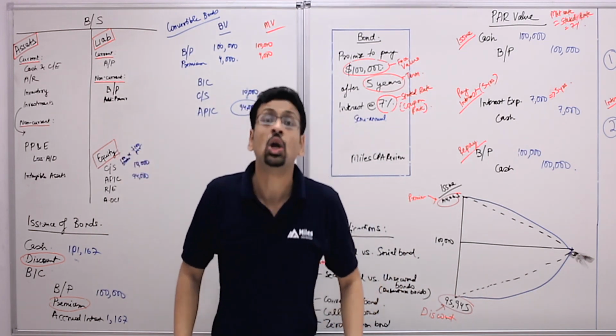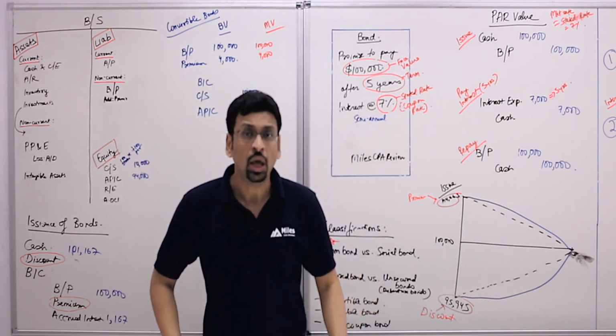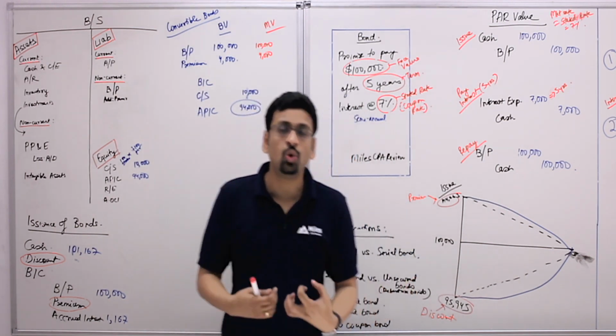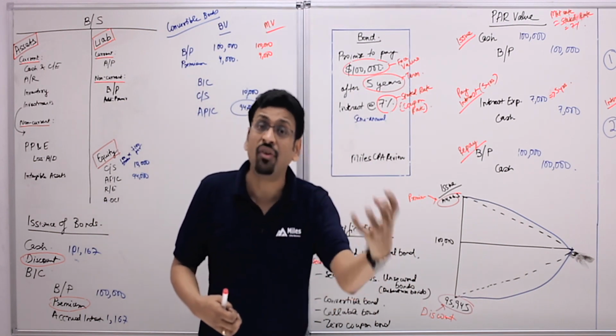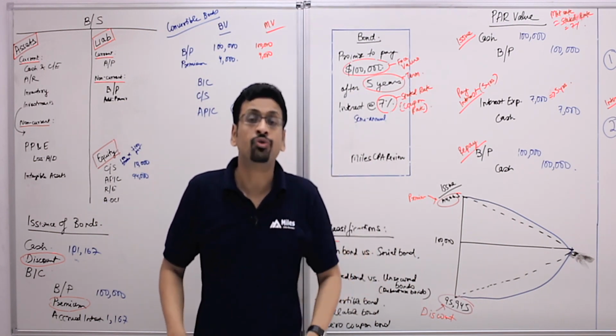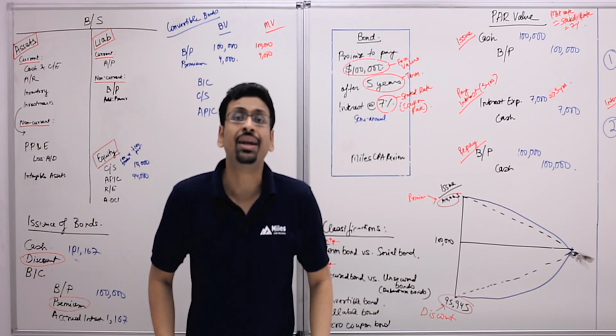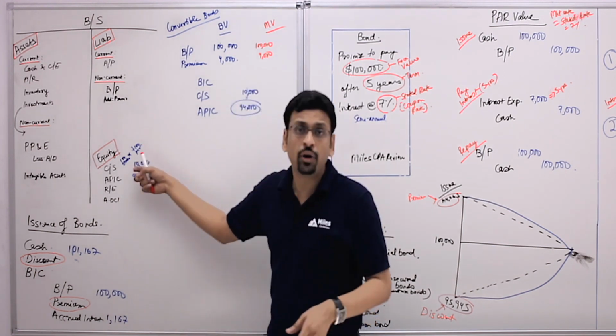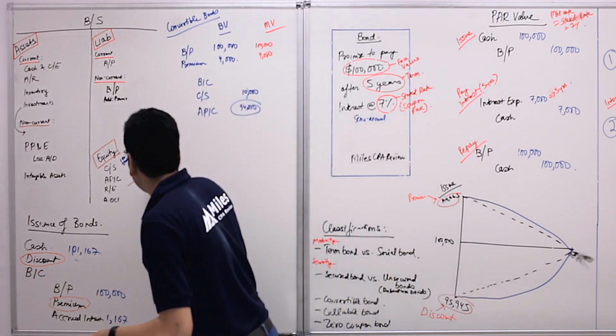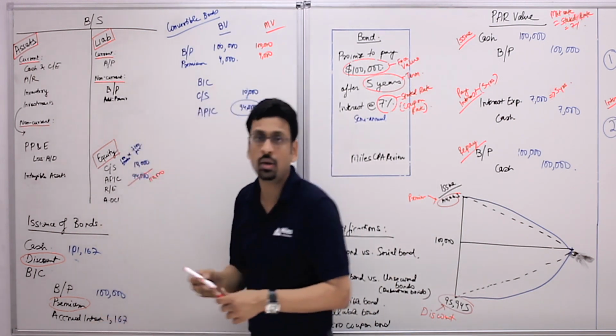Market value is $1,200. So if we had issued these equity stocks in the market, we would have gotten $1,200 per stock. So for 100 stock, we would have gotten $120,000. $10,000 would have gone into common stock, $110,000 would have gone into APIC.